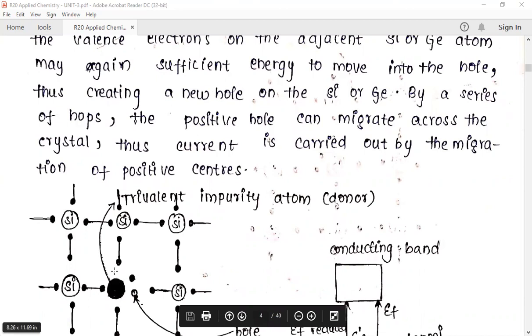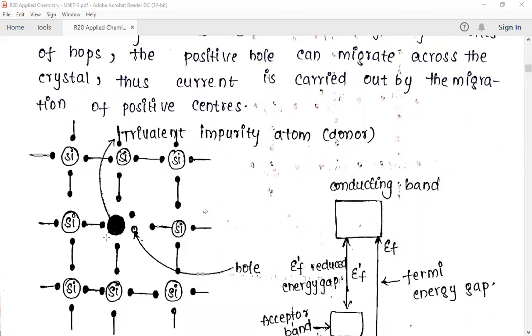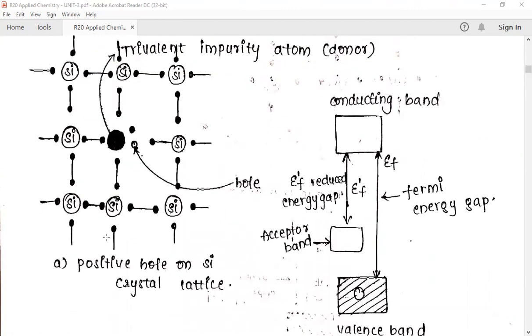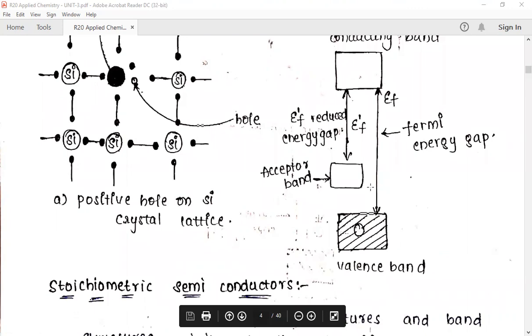By a series of such moves, the positive hole can migrate across the crystal. Thus, the current is carried by the migration of positive centers. So this is the figure.